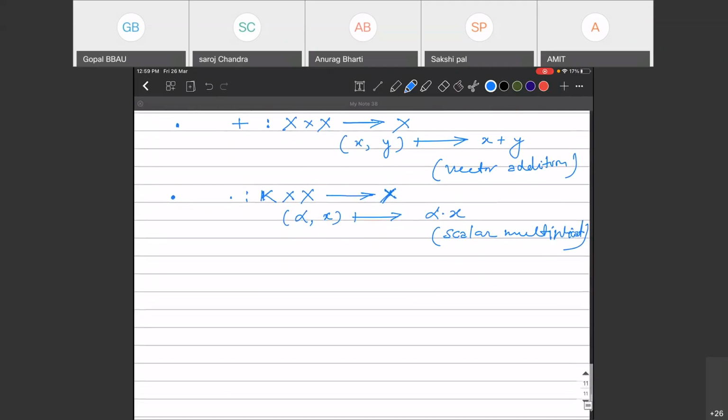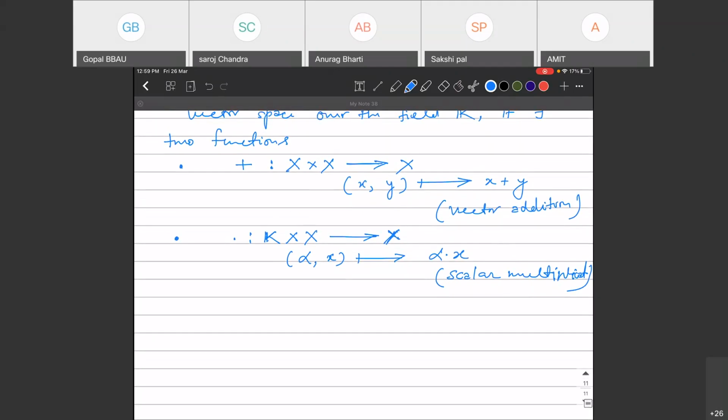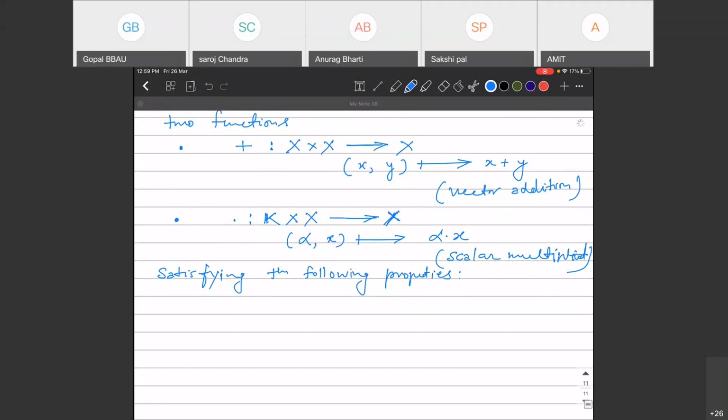So we have two operations, and they satisfy the following properties.